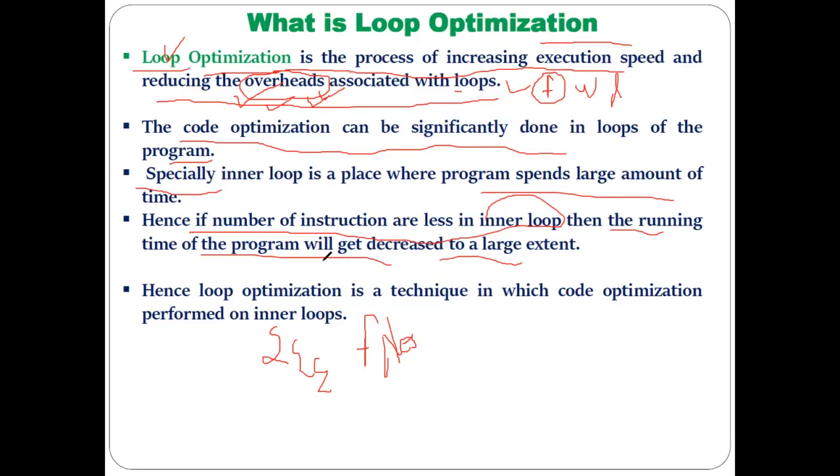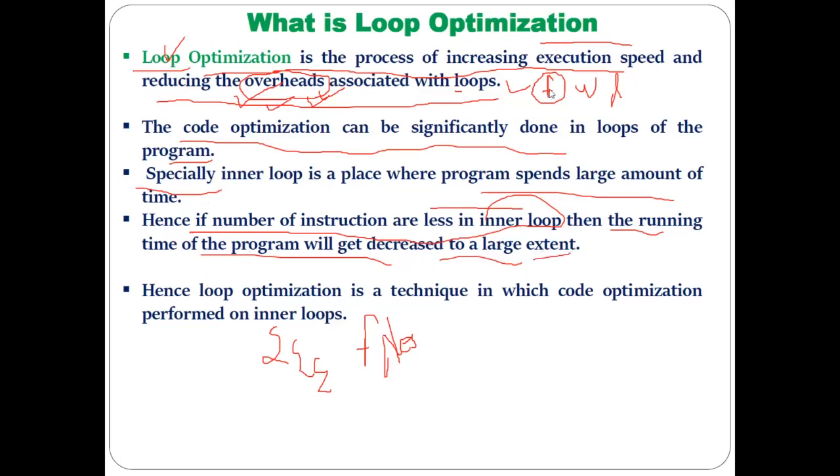Understood. If you remove such instructions from the inner loop, the final output of the program will not change. Such instructions will be removed from the inner loop so that the running time of the program will be reduced. The same thing I have mentioned: if the number of instructions is less in the inner loop, the running time of the program will decrease to a large extent.